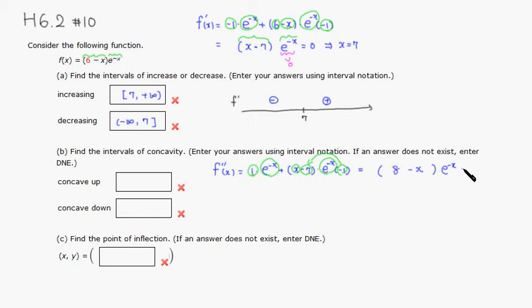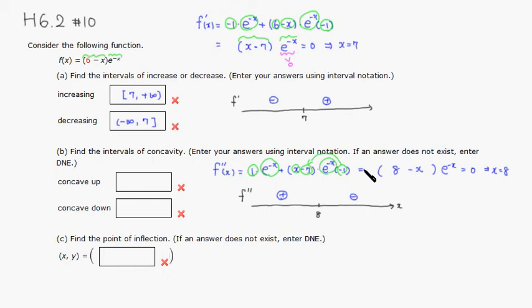So set that equal to 0, and you can see that x is going to be equal to 8. Then we'll do a number line again. Here's x and 8, and we look at the sign of f double prime. If you plug in something smaller than 8, like 7, 8 minus 7 is positive, so it's positive here. Something bigger than 8, like 9, 8 minus 9 is negative, so it's negative here.